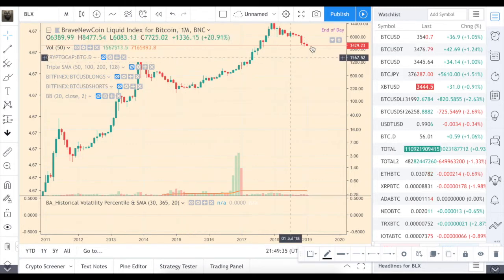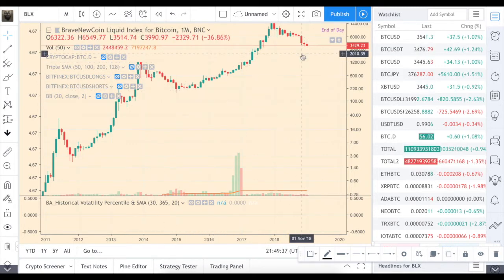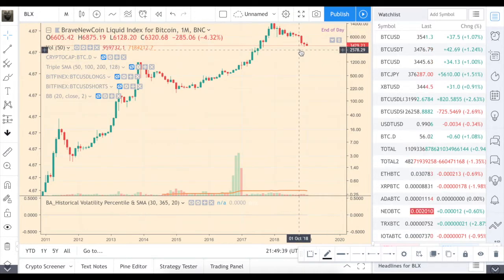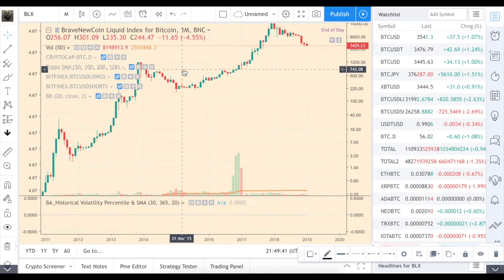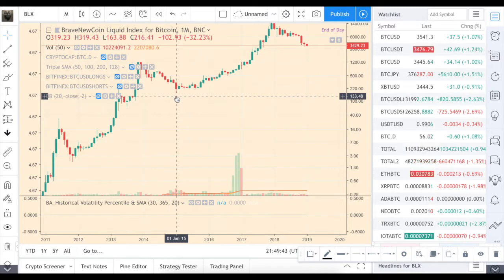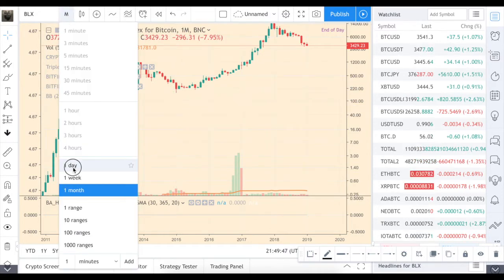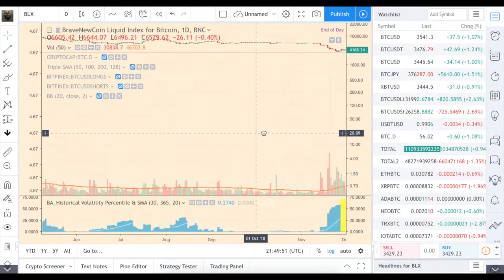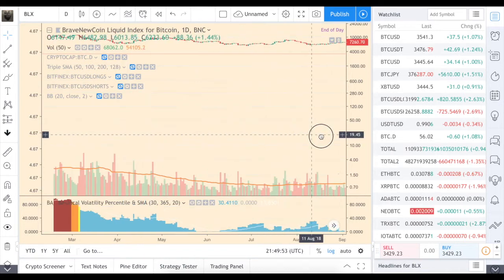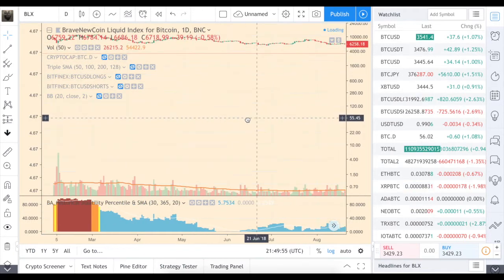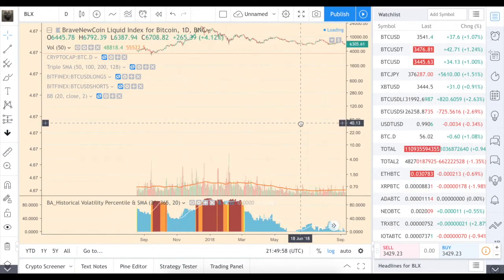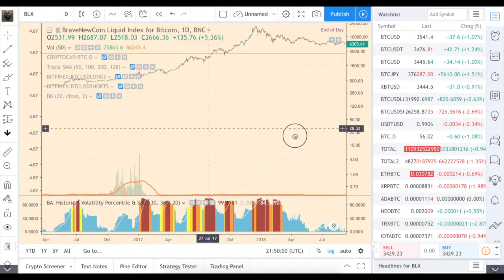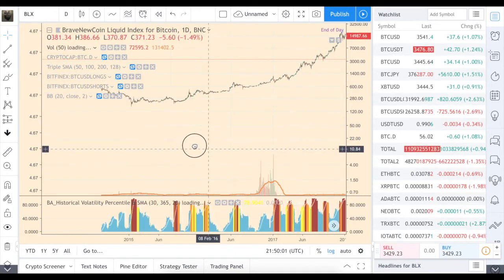So from this perspective, we either already had the bottom at 3,200, well, 3,150, or we will have just a major dip at this point. And in fact, if we look at the point when we had that dip in 2014, let's switch to, just move it like that.